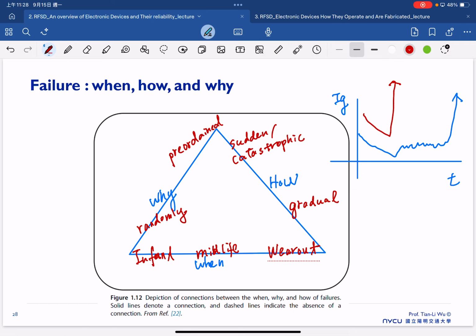The first one is considered a sudden failure because at one moment the current increases to be very high. But the second case is gradual, because we can see there is noise in the current, and then the current slowly increases. So that's why we consider it gradual degradation.